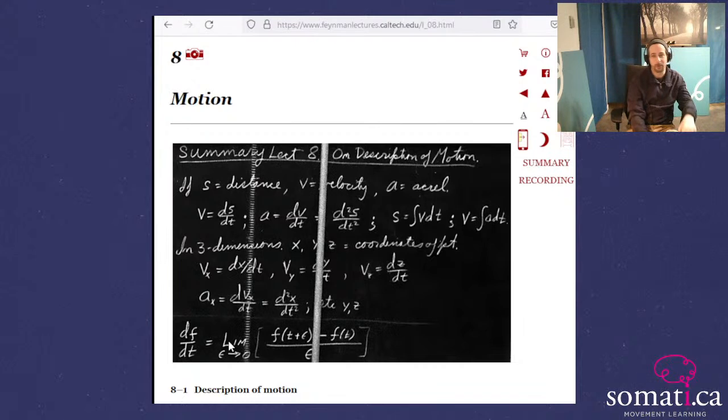The relationship between distance, velocity, and acceleration. Even has a definition of a limit, the definition of the derivative. Sorry, not the definition of a limit.